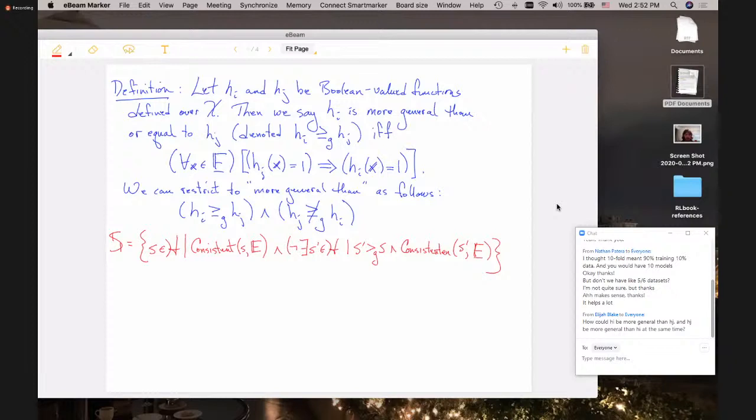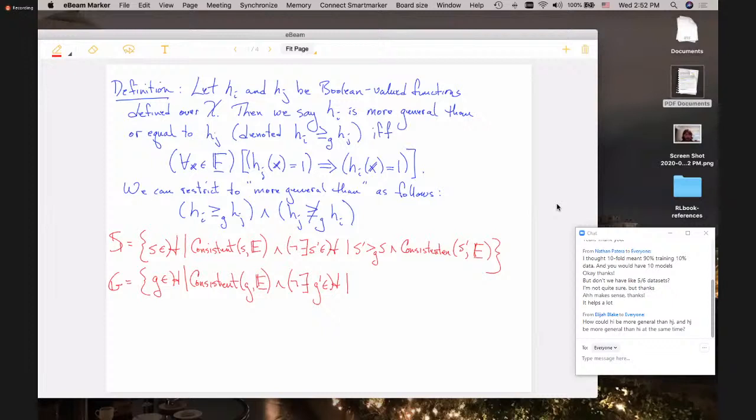And we can define G using a parallel structure. Where again, we're assuming that G is a member of the hypothesis space that's consistent with the data. And there does not exist a G prime in H such that, oh, I've got that backwards.